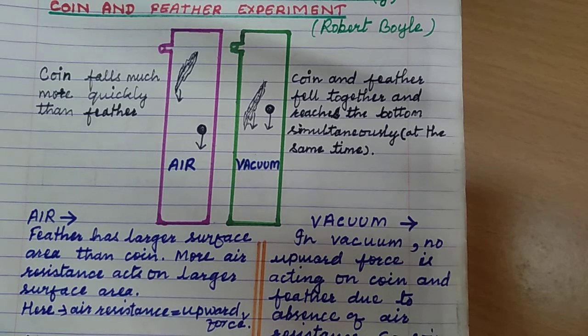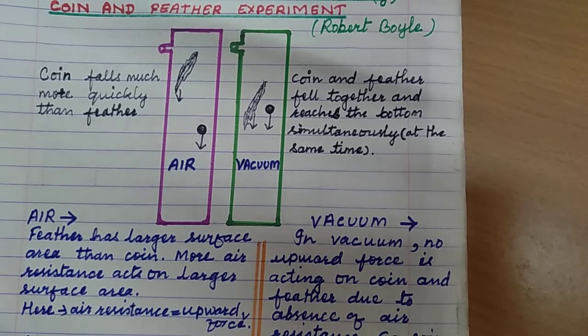Whereas the coin has heavier weight and a much smaller surface area than the feather. Because of the smaller surface area, the upward force of air acting on it is much smaller. That is why the weight of the coin was much bigger than the upward force of the air. That means the coin was falling down without any disturbance.